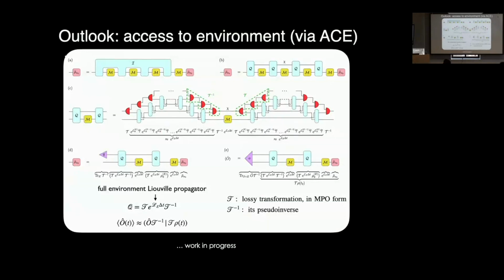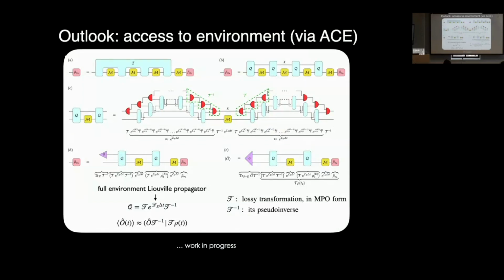What do the bond dimensions mean? What can we do? This is actually using ACE. We can understand what the compression is. So this is constructing two Q matrices, a single block here.